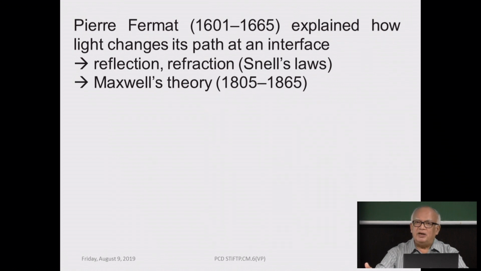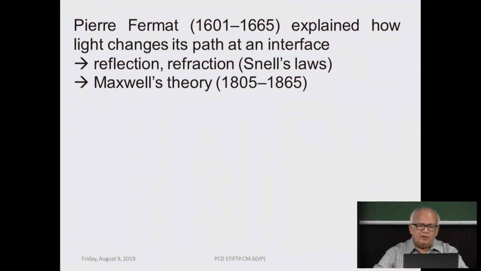How do you describe it? Is there a governing principle which will describe this accurately? So this is what we find in the Snell's laws, for example. You can give a detailed account for it using Maxwell's equations by invoking the interface conditions of the electric and magnetic fields. So we will discuss this at a later point in the course.